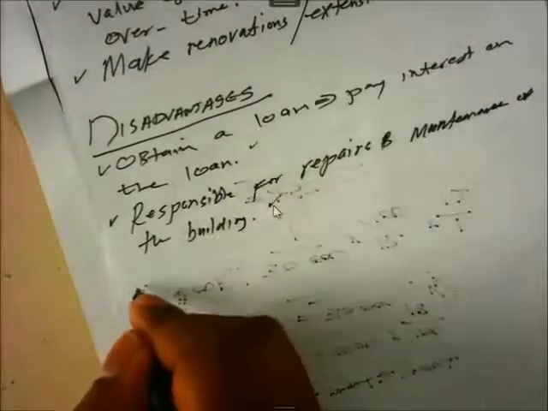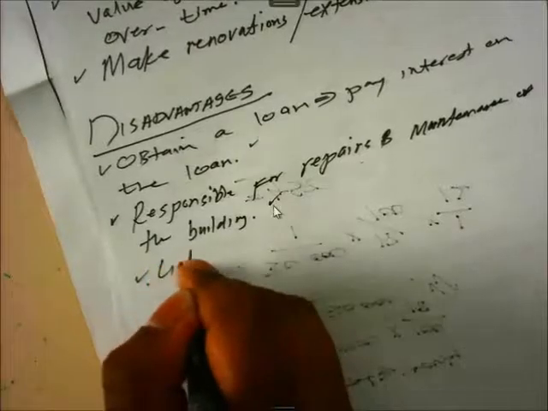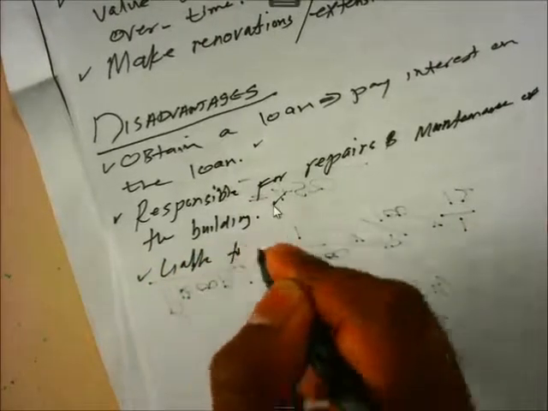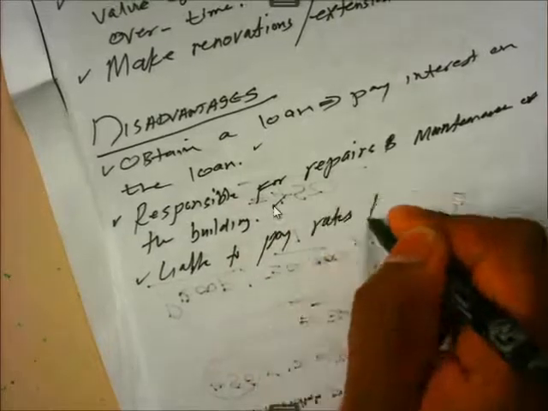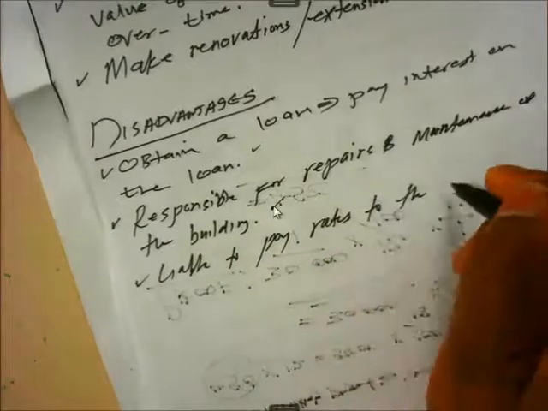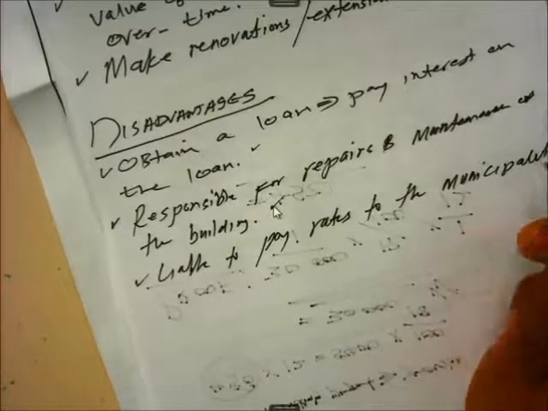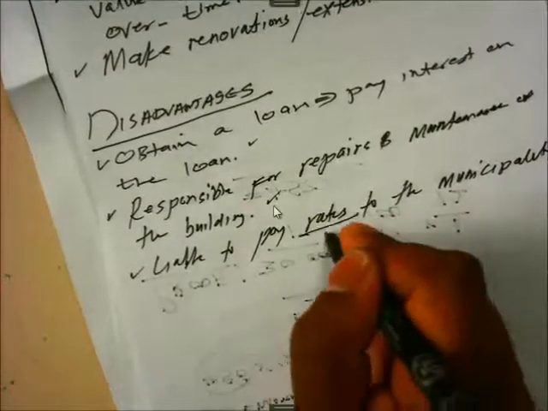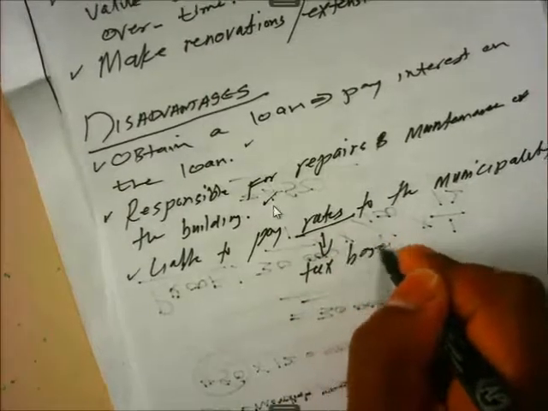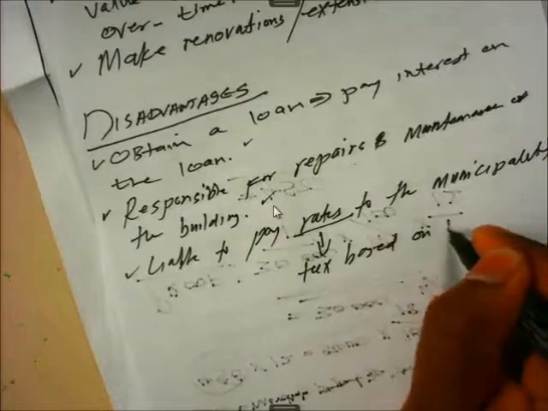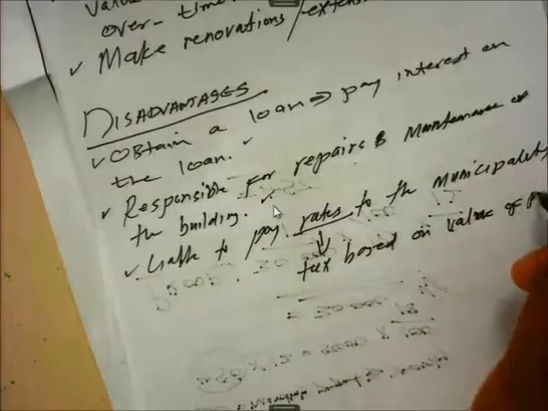And the other disadvantage is that now you are liable to pay rates to the municipality. What are rates? Rates is a form of tax based on the value of property.